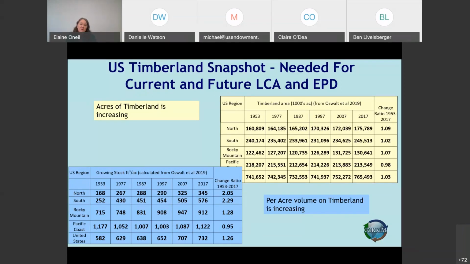I thought the really interesting thing about that, because I'm a data nerd, is what the change ratios look like in terms of growing stock cubic feet per acre in these different regions, and how that's increasing everywhere except on the Pacific coast, which we may deal with in a minute.